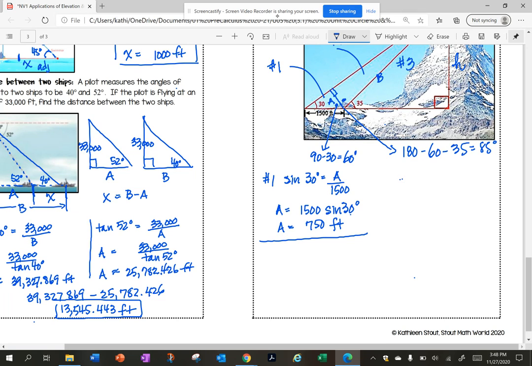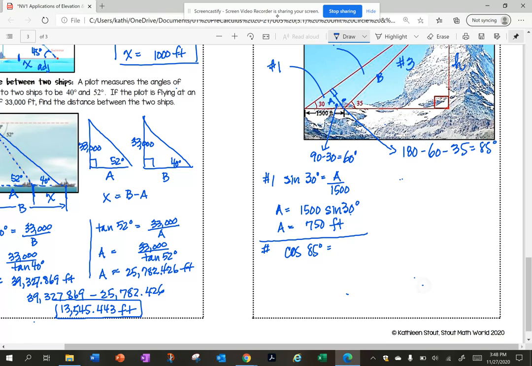So with this being the 85 degree as my reference angle, I now know the adjacent side A, and I want to solve for the hypotenuse B. So that tells me I want to use cosine. So the cosine of 85 degrees equals B. I'm sorry.